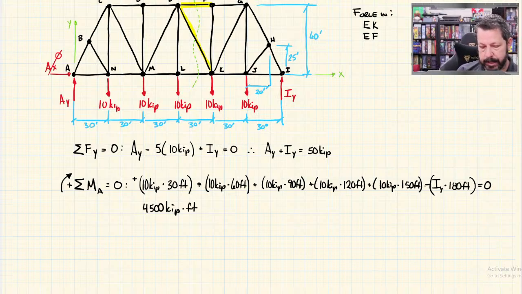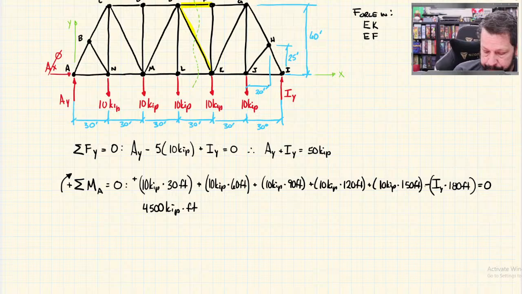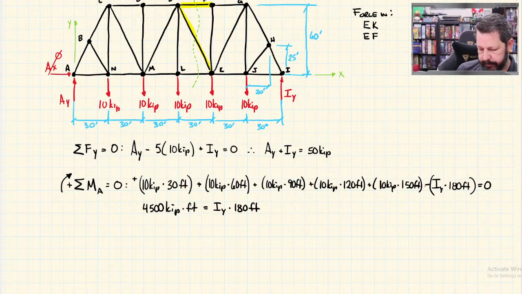My units on those are kips. So 4,500 kip feet equals, and then the IY, I'm going to move it to the other side of the equal sign. So equals IY times 180 feet. So if I divide my 4,500 by 180, I get 25.